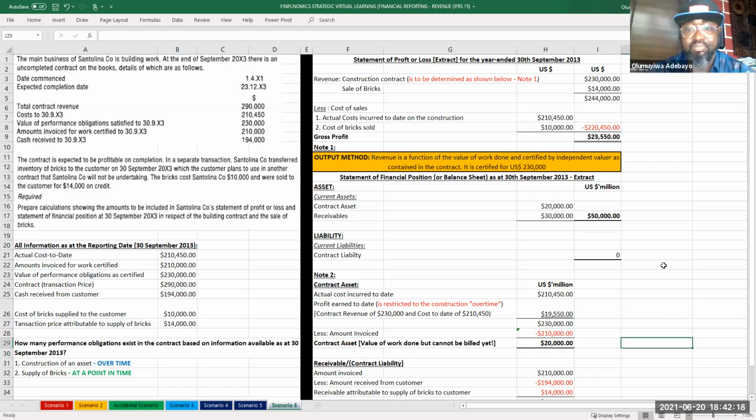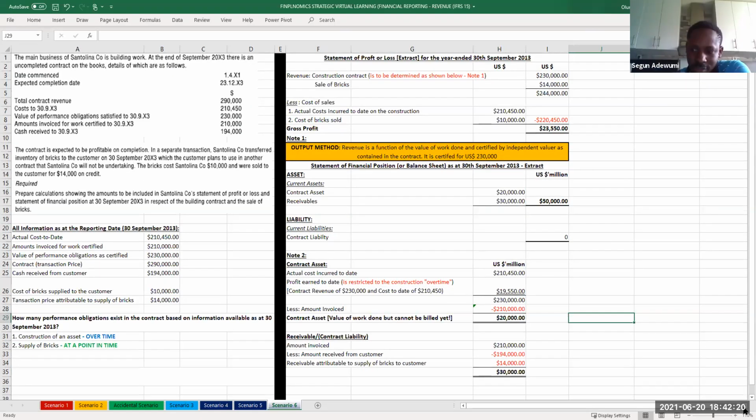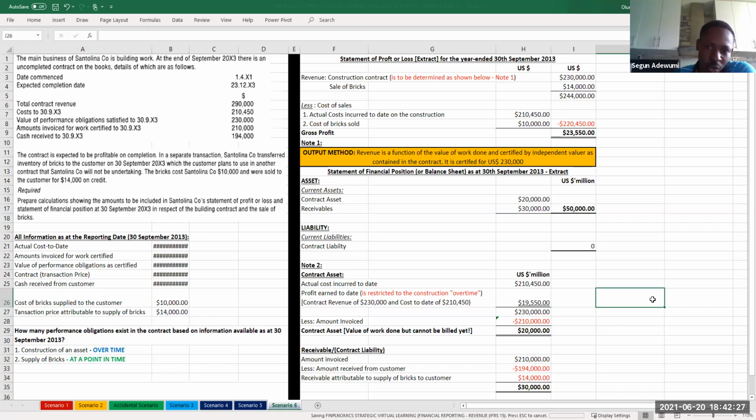On every contract, there's always the retention fee. You can only receive it maybe 6 months or 1 year after the contract has been completed, subject to the performance of the outputs.